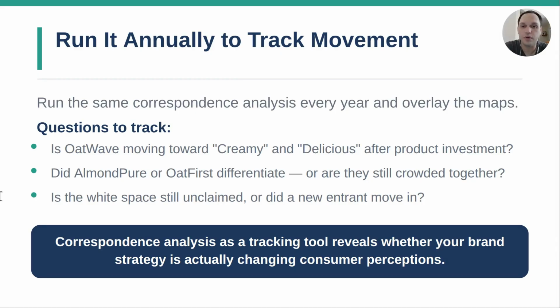Did Almond Pure and Oat First manage to differentiate from each other, or are they still occupying the same perceptual space? Did a new brand move into the white space opportunity and claim it before Oat Wave could? Year-over-year correspondence maps make perceptual movement visible and trackable, turning brand strategy from a set of intentions into a set of measurable outcomes.